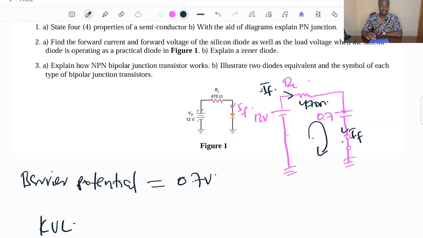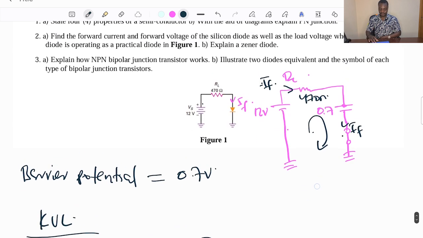Now here we are at question 3B. We are to illustrate the two-diode equivalent and the symbol of each type of bipolar junction transistor.